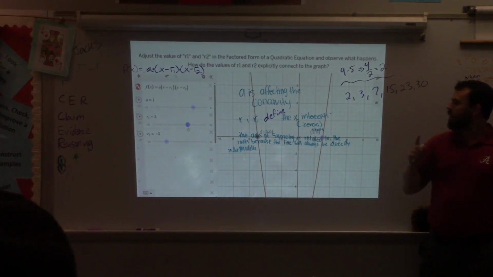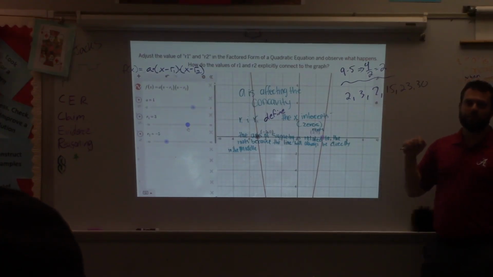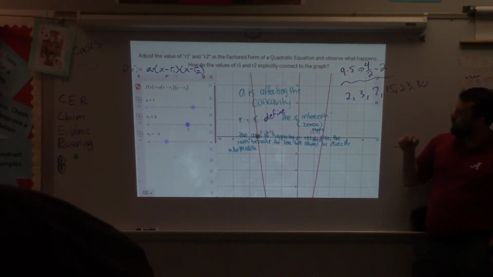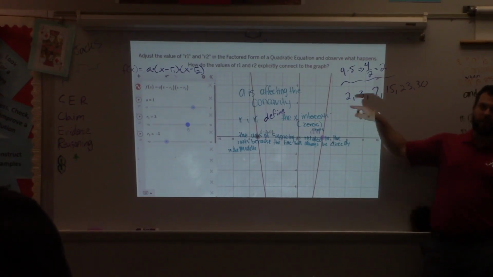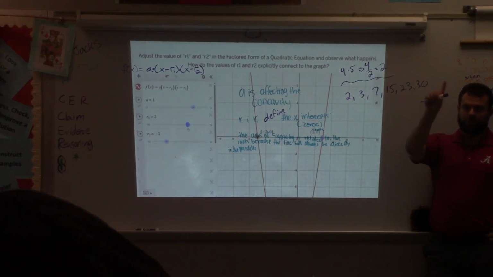Does anyone remember the two words that Amaya wrote up here that are very heavily connected to x-intercepts? Zeros and roots.